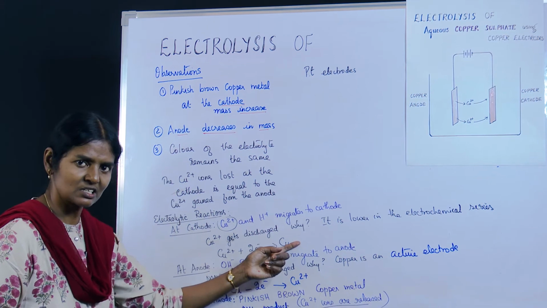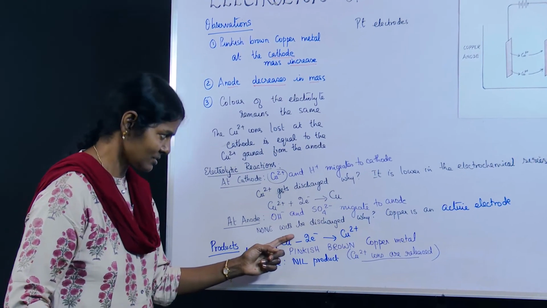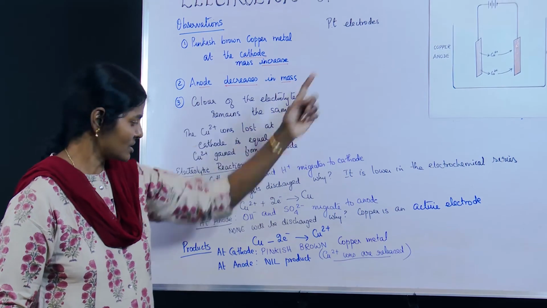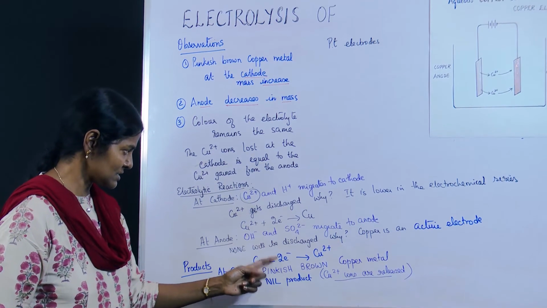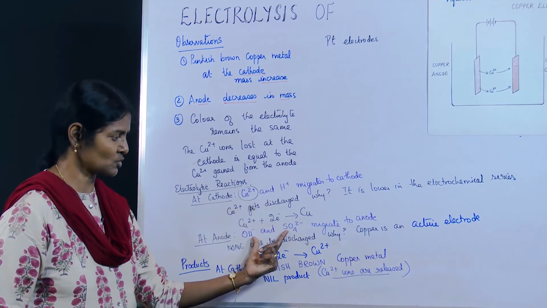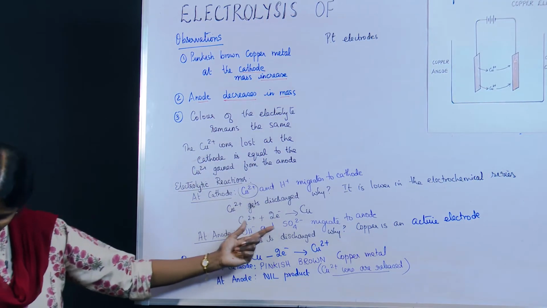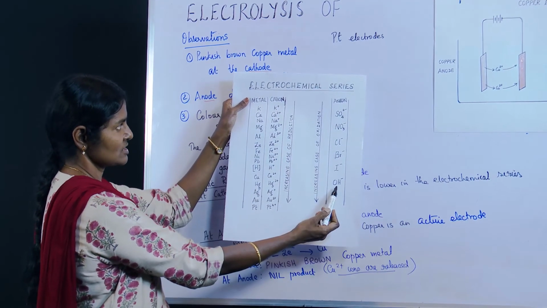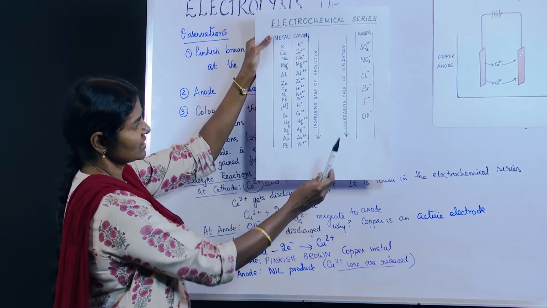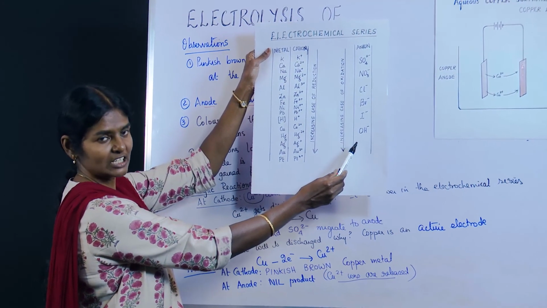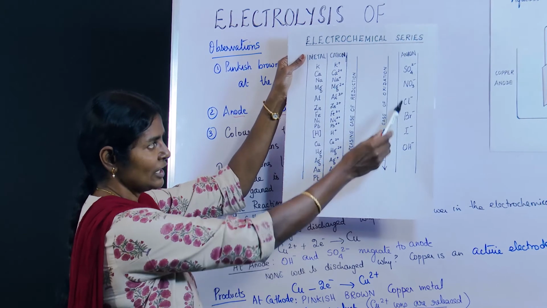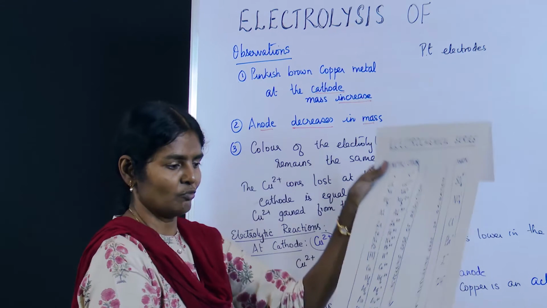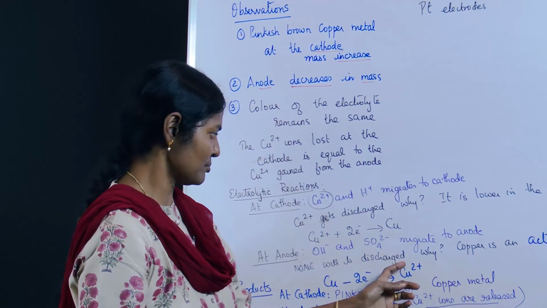Copper is deposited at the cathode, but here, because platinum is an inert electrode, these two will be racing towards it, and what happens here is, among the two, sulfate and hydroxyl ions, which one would be released? Hydroxyl ions would be released because they are lower in the electrochemical series compared to sulfate ions. So, when they are released, what would happen?